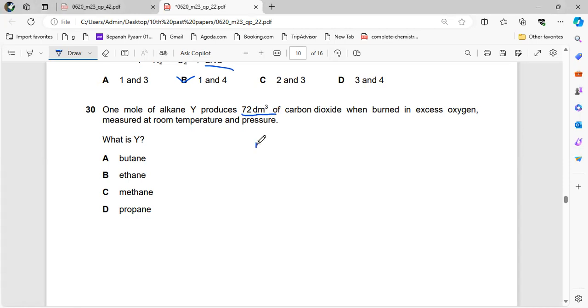Okay, so by using moles is equal to volume upon 24, we'll find the moles. So it is 72 upon 24, which gives us 3. Okay, so now it will give us 3 CO2 plus water. So 3 CO2 consists of 3 carbon atoms and 6 oxygen atoms. So the 3 carbon atom compound we are having is propane.